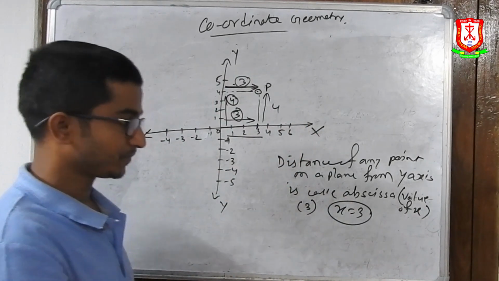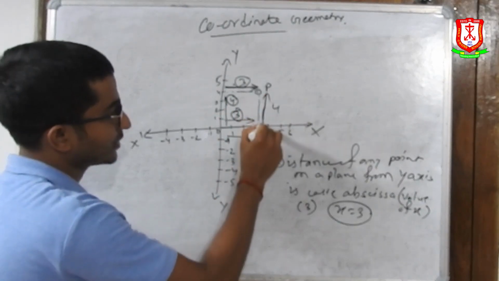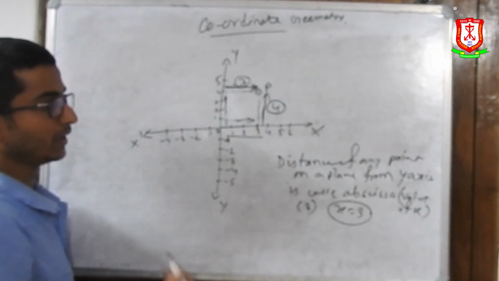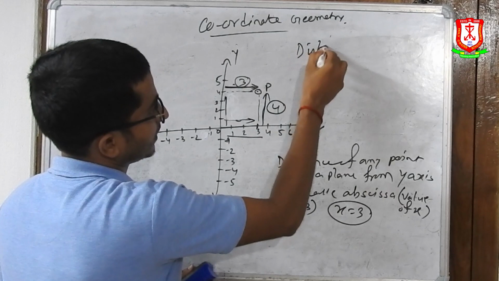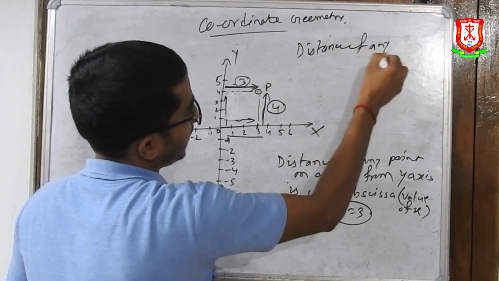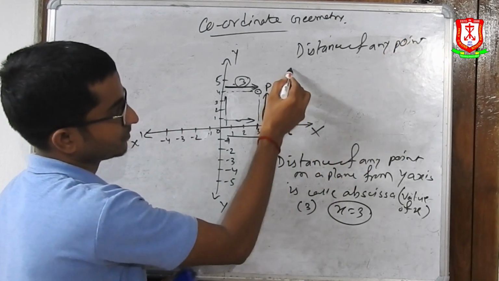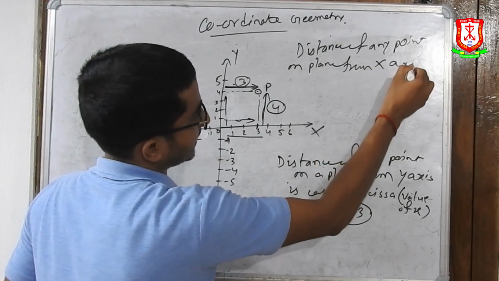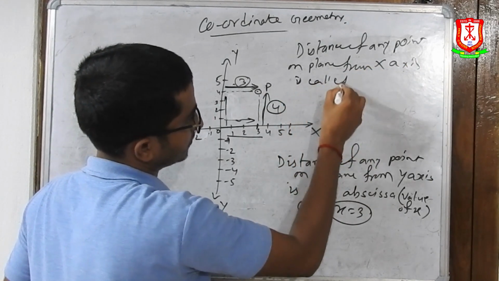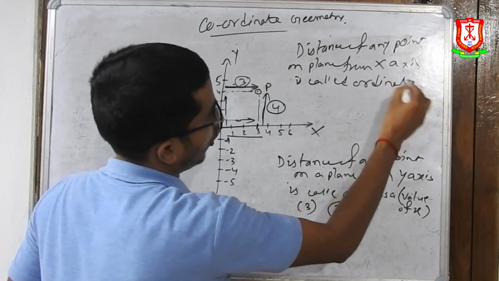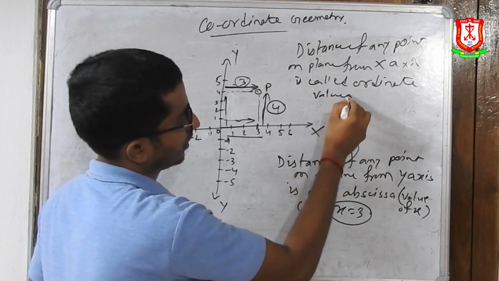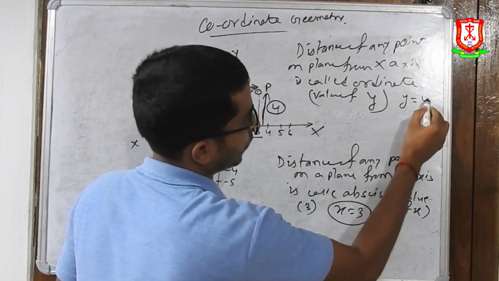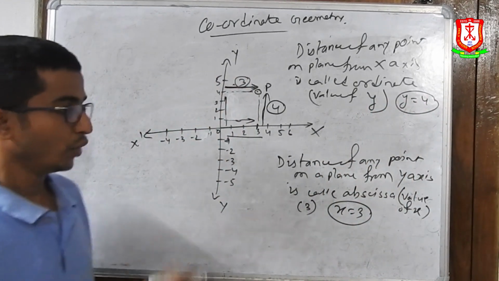Similarly, the distance of point P from the x-axis is 4.